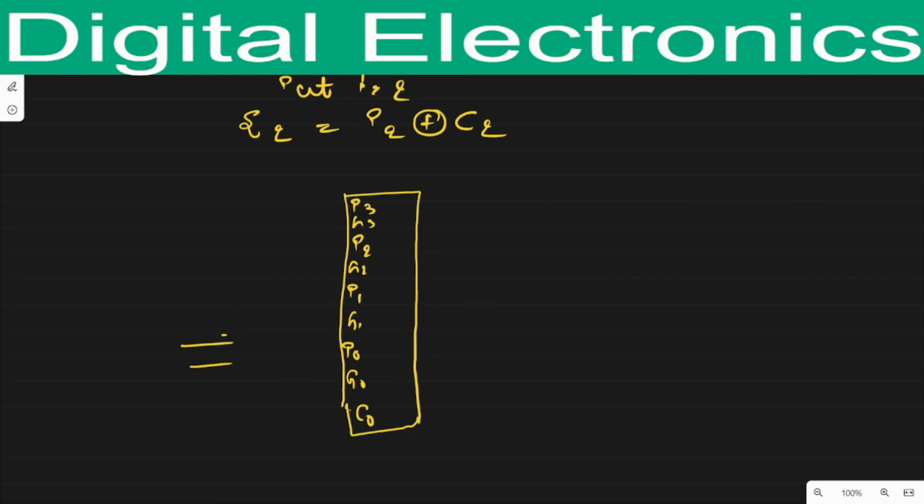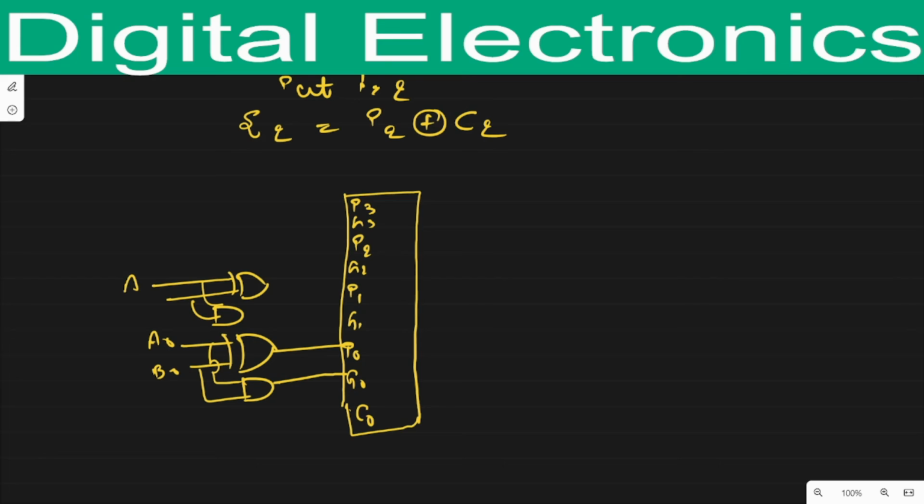So here I am taking one XOR gate, with A0 and B0, and when I use an AND gate, we will get G0. In the same way, here I am taking one XOR gate along with one AND gate, with A1 and B1, so we can find P1 and G1.